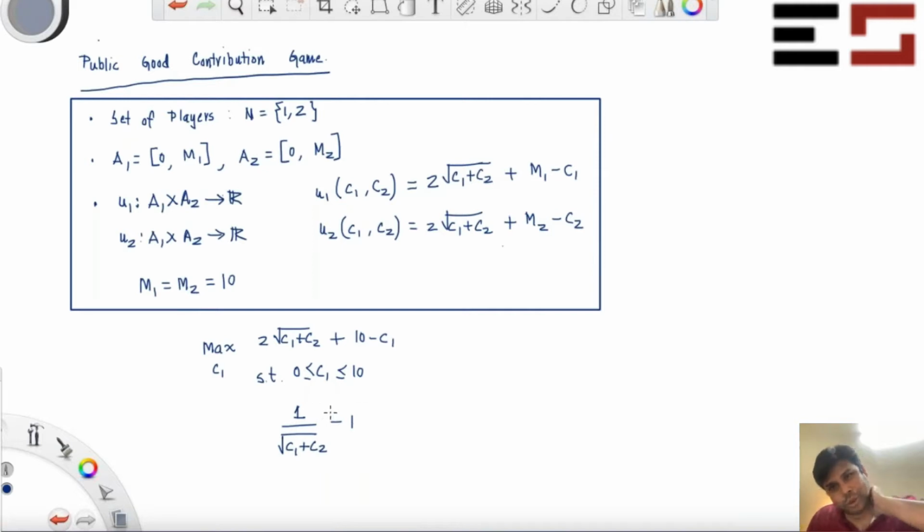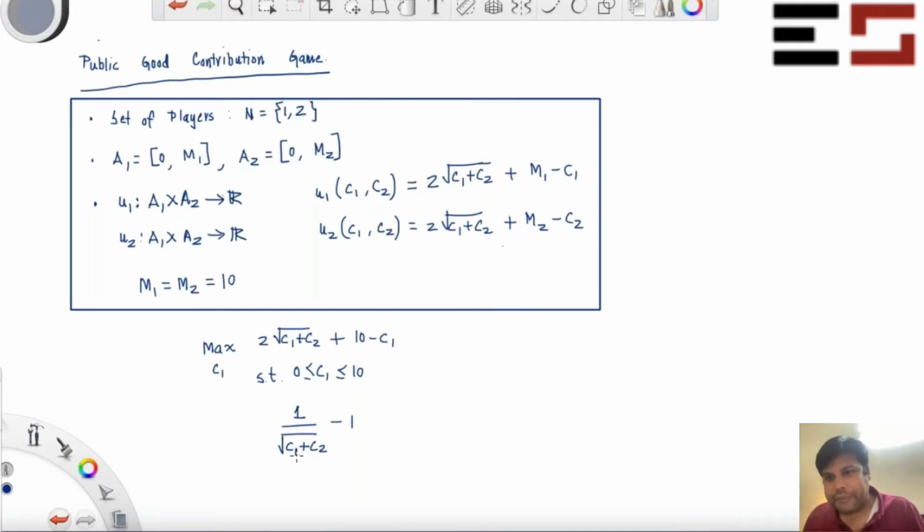Now, just imagine C2 is greater than or equal to 1. Notice that in that case, this term is negative. Do you agree? No matter what C1 is, it is always negative, because if C2 is greater than or equal to 1 and C1 has to be greater than or equal to 0, the denominator will be greater than or equal to 1.